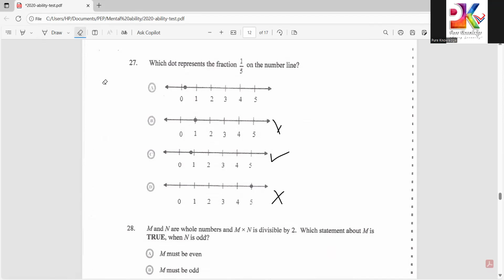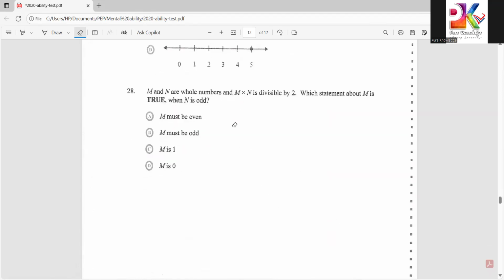So A would be the most correct answer here, because this one will be about 4/5. Remember that we'll be dividing this up. So A would be the most suitable answer. That's an easy one, guys.